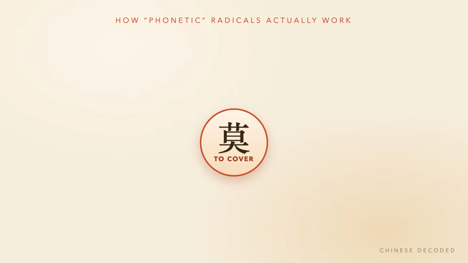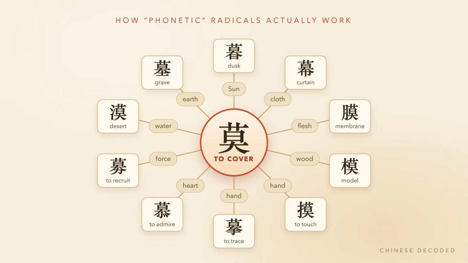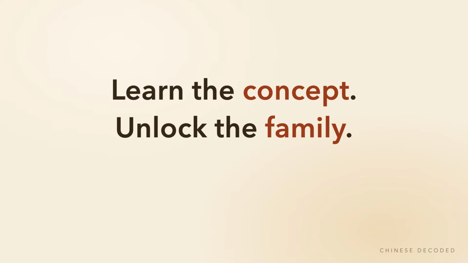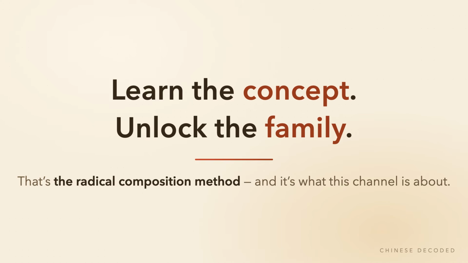That's how most so-called phonetic radicals actually work, an abstract concept at the core, and around it a whole family of characters, each one the concept landing in a different domain. Learn one concept, and you unlock the family. Learn a few families, and you start to see the logic Chinese itself is built on. That's the radical composition method, and it's what this channel is about.